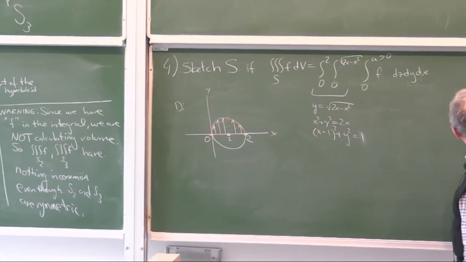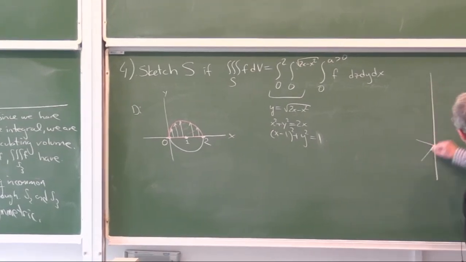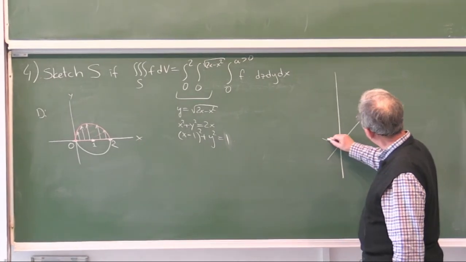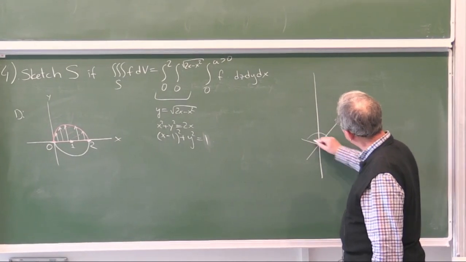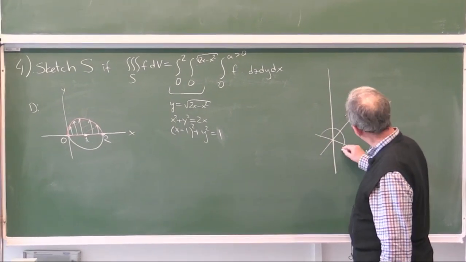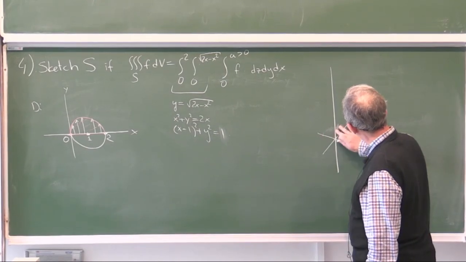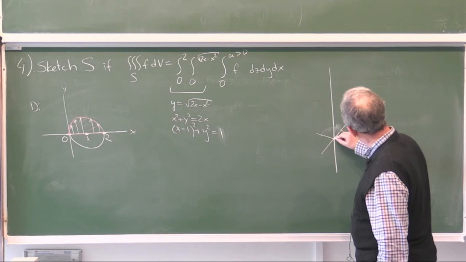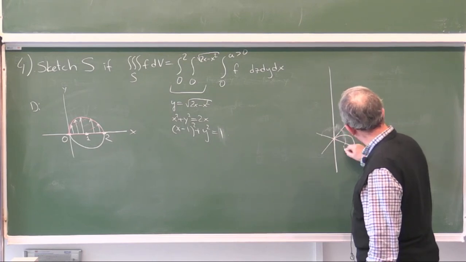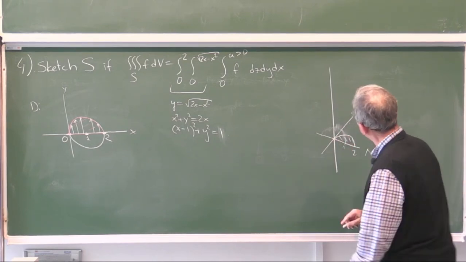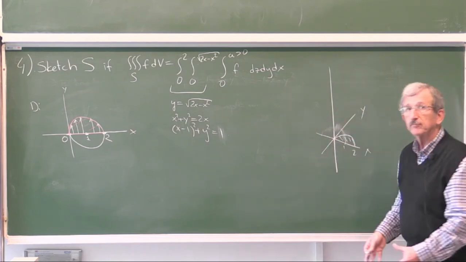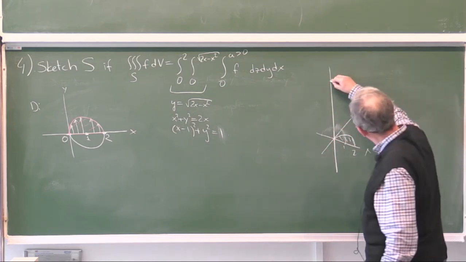So in 3 dimensions, we have then, okay, this is x and this is y. We have a half circle like this with radius, it's a shifted one. So it's a half circle like this here. Okay, that's D. But it goes up and down, because there's no z in it.